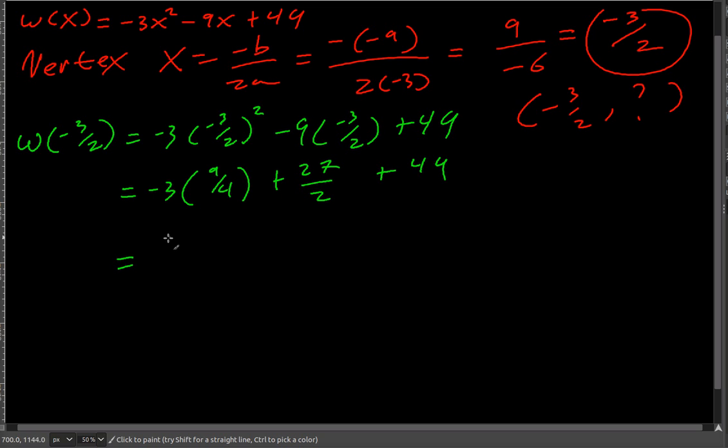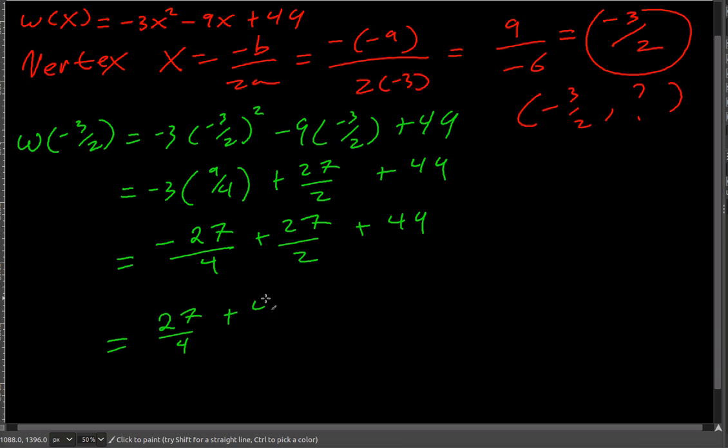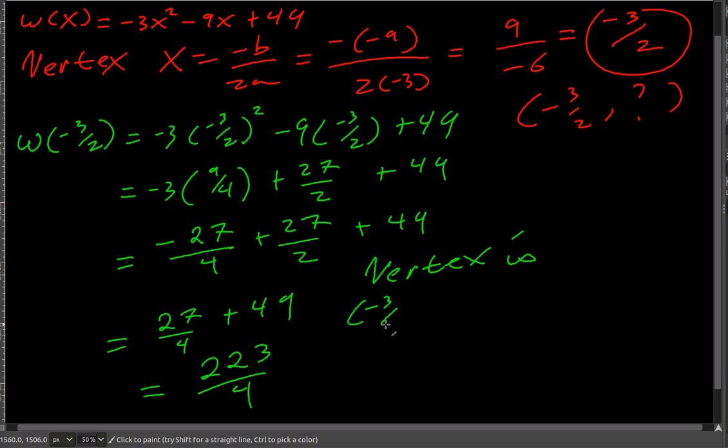That equals negative 27 fourths plus 27 halves plus 49. That equals 27 fourths plus 49. 4 times 49 plus 27, I get 223 fourths. This is the y value. This tells me that the vertex is (negative 3 halves, 223 fourths).